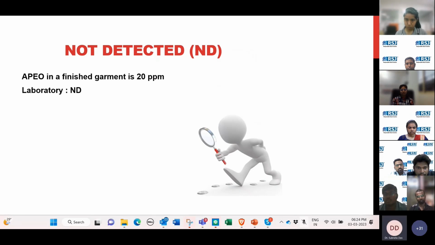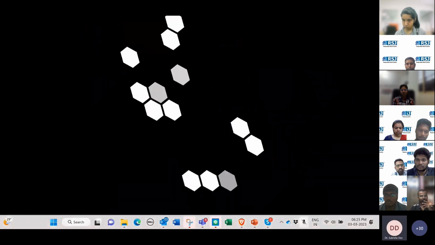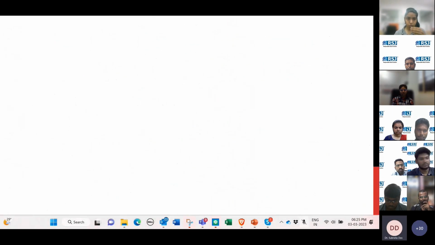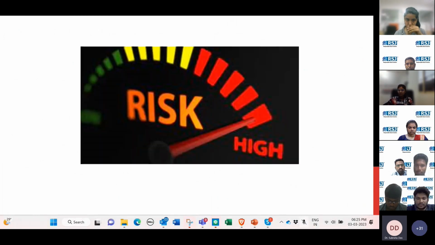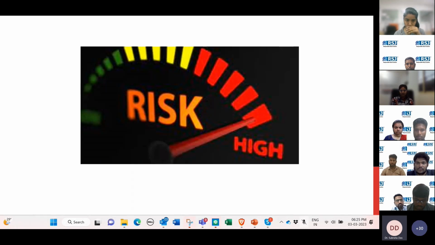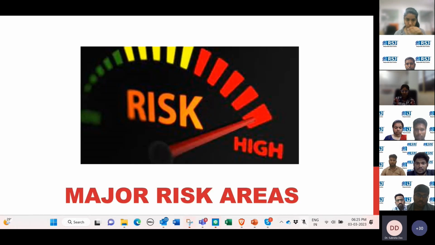I want to put forward this important example because a lot of confusion is created during testing. Many times one test result is challenged and the garment is tested in another lab, and it fails in one lab while passing in another. We tried to investigate why, and found these are points to be noticed by the buyer or the person conducting the testing.